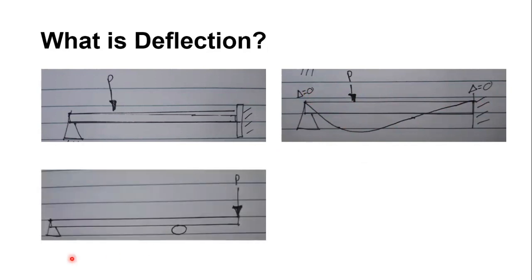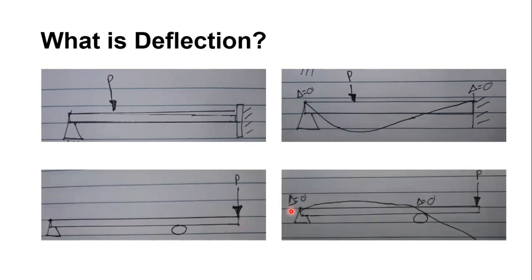So next naman, meron tayo ditong beam na merong dalawang support, merong pin support and merong roller support, and then yung load natin is nandito sa dulo niya. So ano ang itsura nito pagdating sa deflection diagram natin? So ngayon meron tayo ditong force P. So alam naman natin ang deflection natin dito is 0.